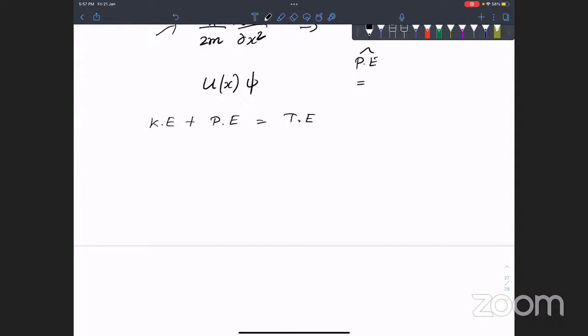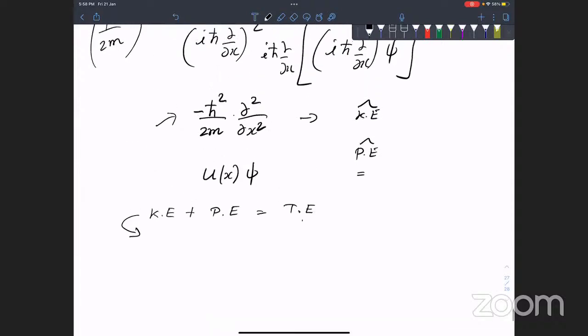Anytime somebody asks you what is this particular quantity, what you have to do is take the particular operator and multiply that by the wave function. That's what you need to do. So this particular equation, which is the equation of conservation of energy, we're going to now express in the language of operators. And that is what gives us the Schrodinger equation, right? Great. So let's do that.